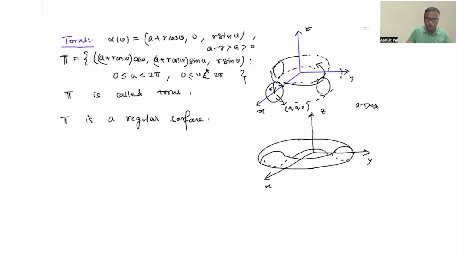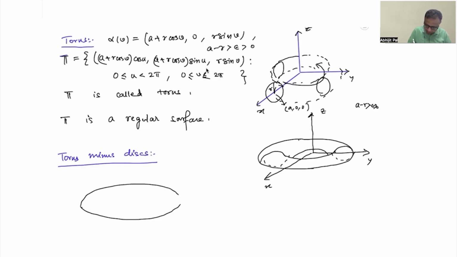Now let me give a few more examples: torus minus disks. So what does it mean? You have shown that this torus is a regular surface.